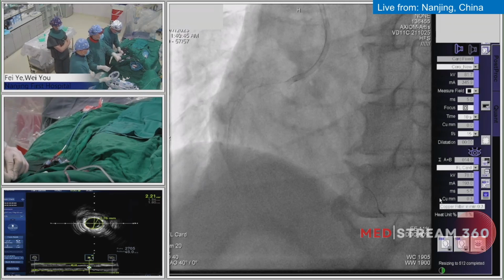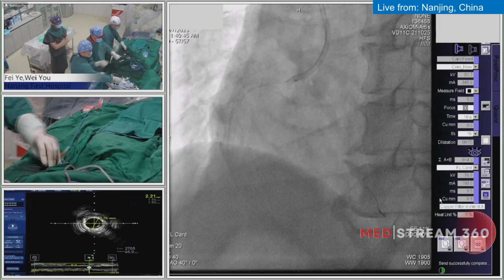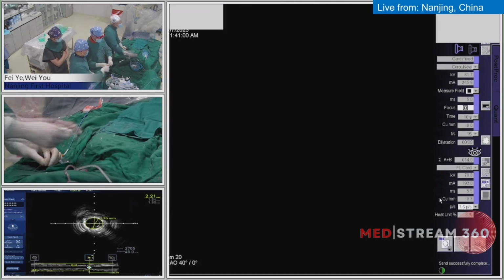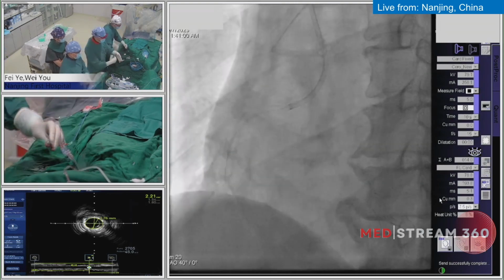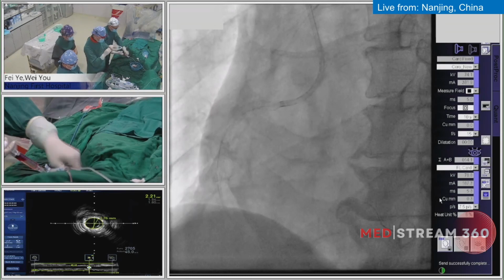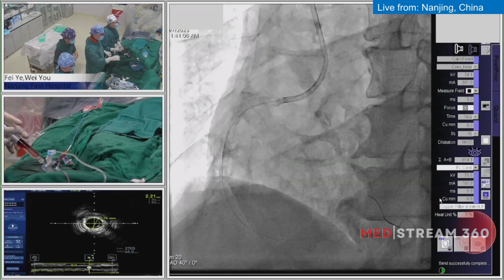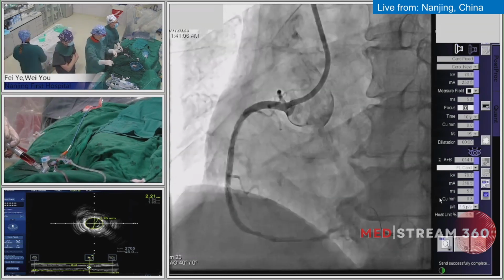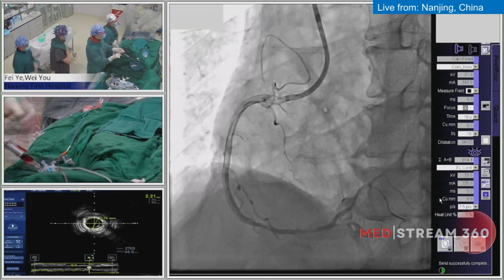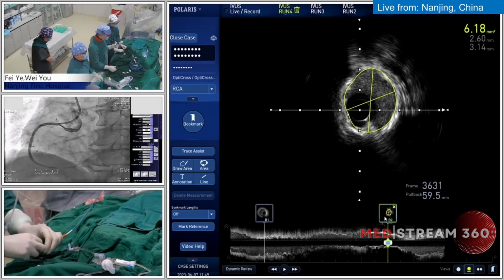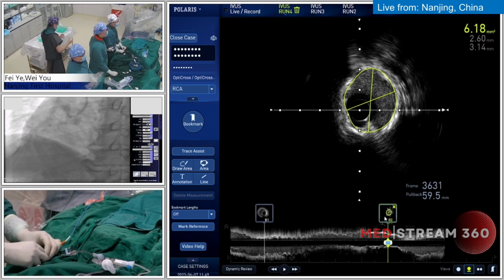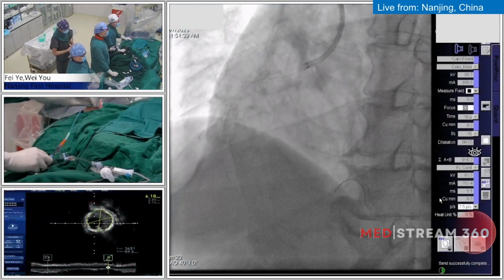Give me the 3.5 NC balloon. I will take a picture just after stenting. Okay, seems good. That's why we want to combine the cutting balloon with the rotor.